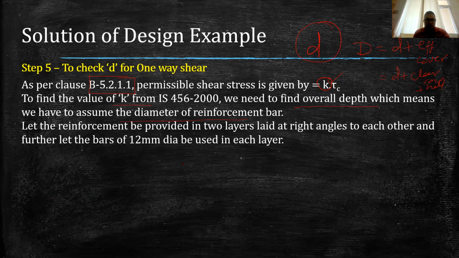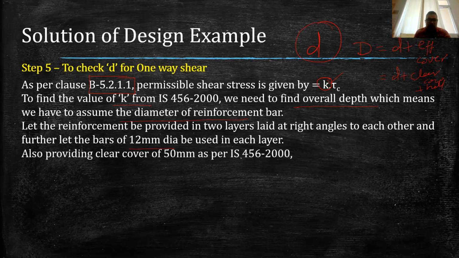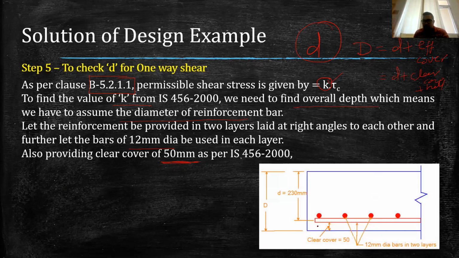So let us assume that we are using 12 mm dia bar on both sides of the foundation, and also providing a clear cover of 50 mm, because as per IS code, the minimum clear cover to be provided in the foundation is 50 mm. In this diagram you can see this is our depth calculated from the center of the bottom bar to the topmost fiber, and here we are supposed to calculate the D value.